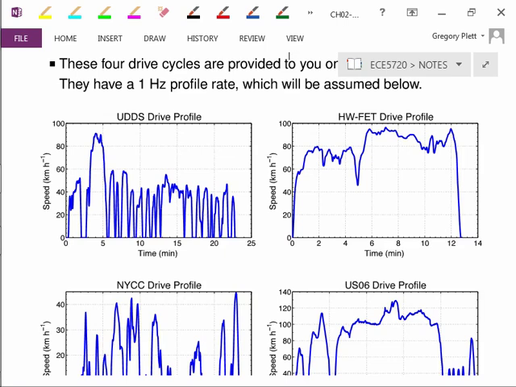So the UDDS profile is urban, so there's a fair amount of stopping and starting, but once in a while you get up to fairly high speeds when you're on kind of an expressway. These are in metric to try to maintain some compatibility with the rest of the planet, but I know that miles per hour are more familiar to many of you, so right around here, this is about 55 miles per hour, is about 90 kilometers per hour, and 60 here, this is about 40 mph.